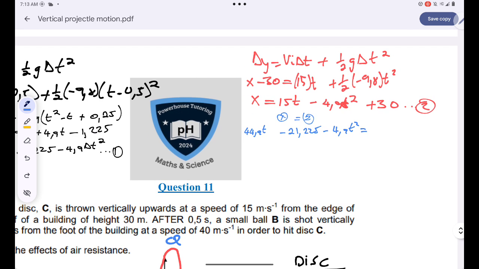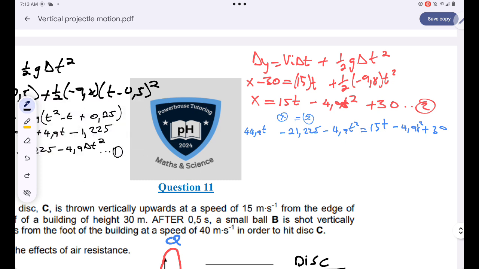This will be equal to 15t minus 4.9 plus 4.9t squared, ne? Plus 30. Okay, these two will subtract one another.